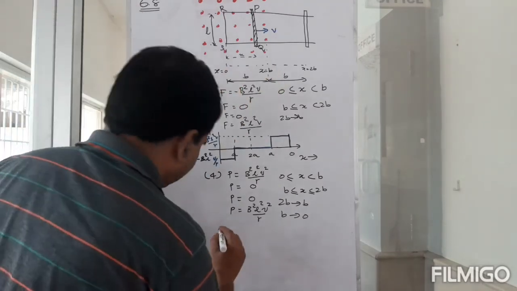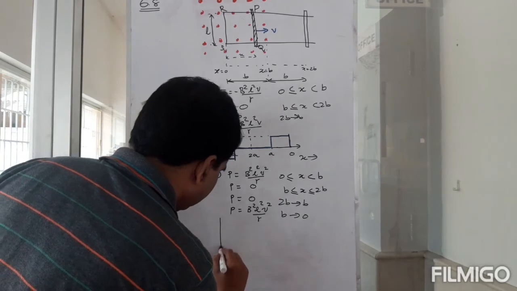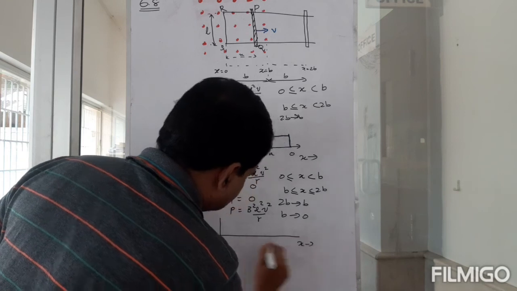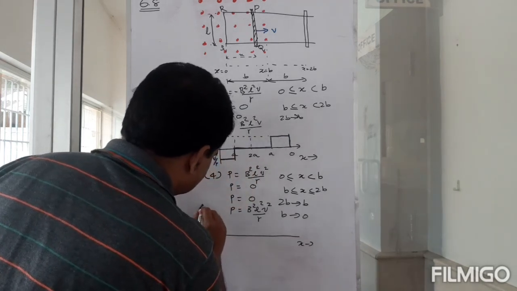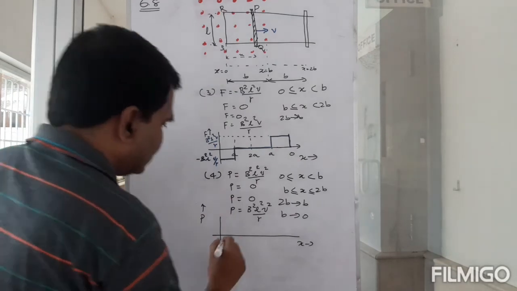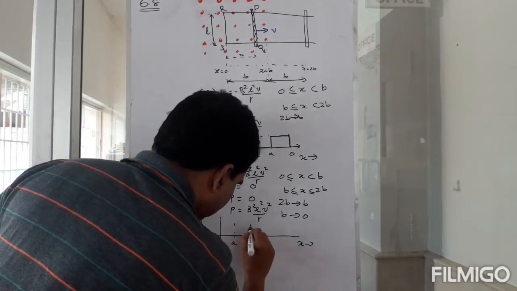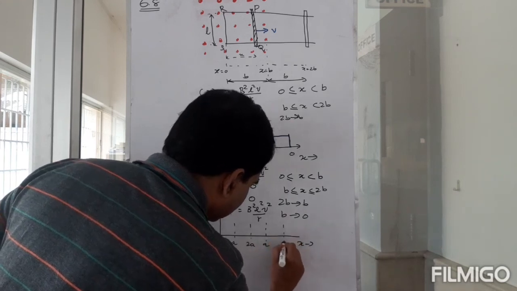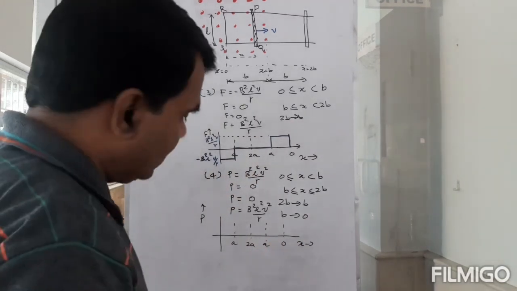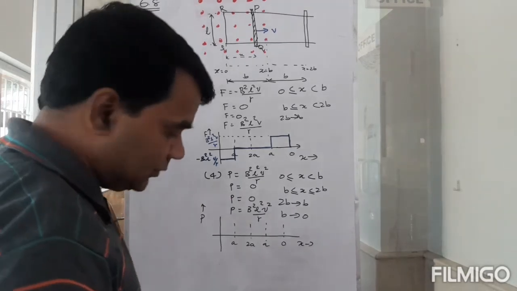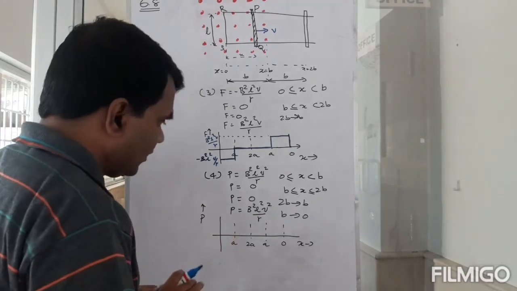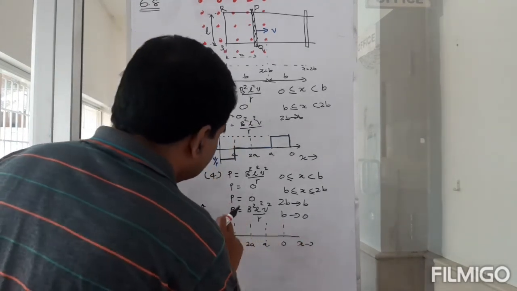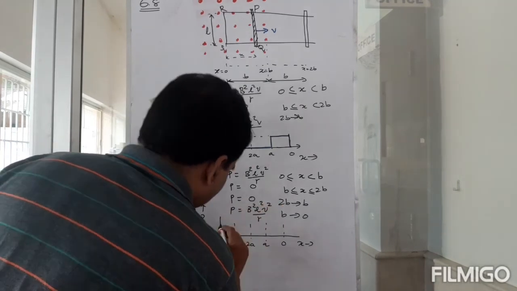So if you were to draw the graph for this, again, this will be x and this will be toward this direction, and so this is going to be A, then 2A, then 2A, 2A, then A to 0. So for all these things, the value would be B squared L squared V squared by R, so that would be this.